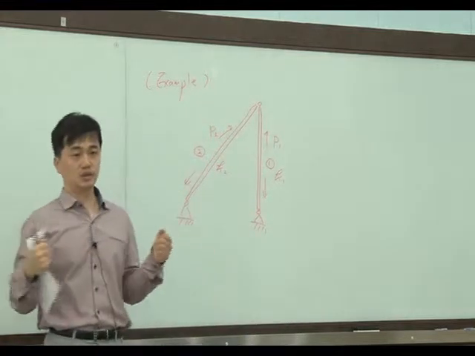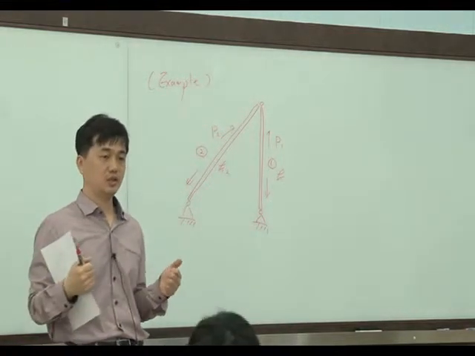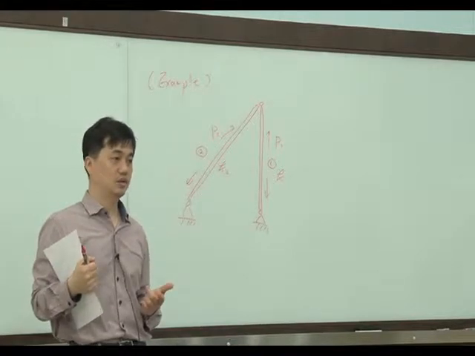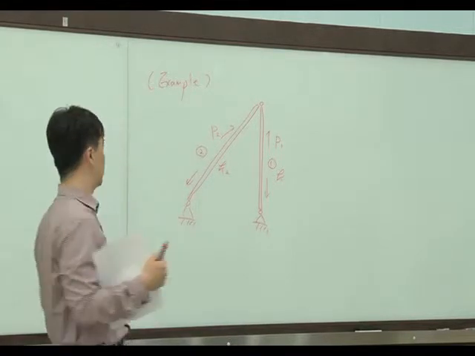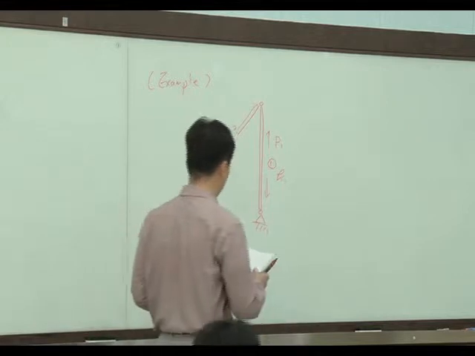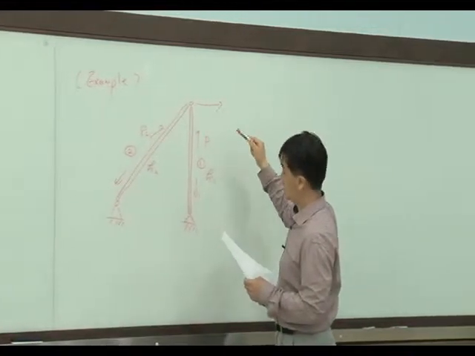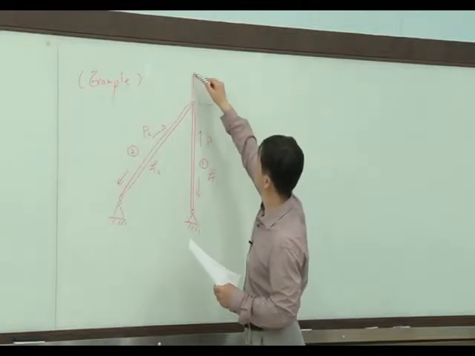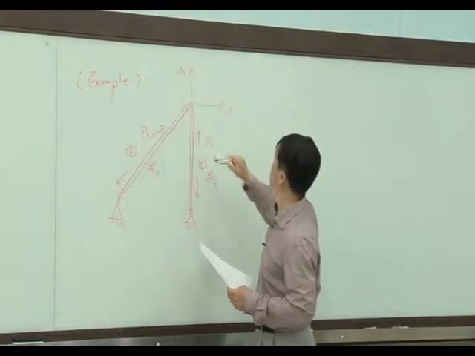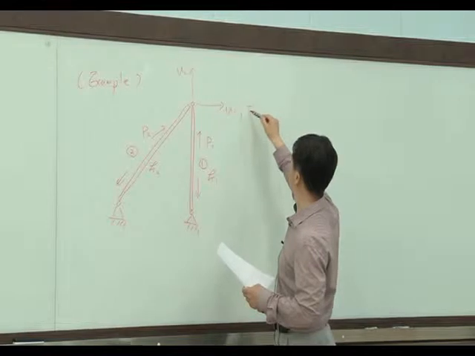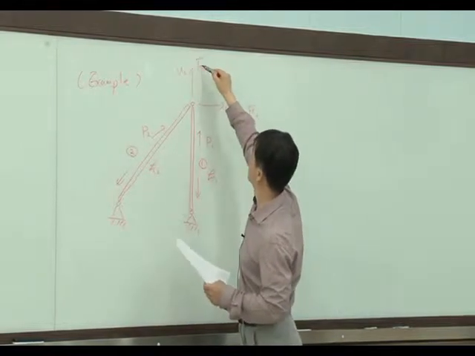P1 and P2 are tension forces. So tension is positive, compression is negative. Usually we use that kind of convention. And let's say here the displacements are U1 and U2. Of course, then the forces are F1 and F2.